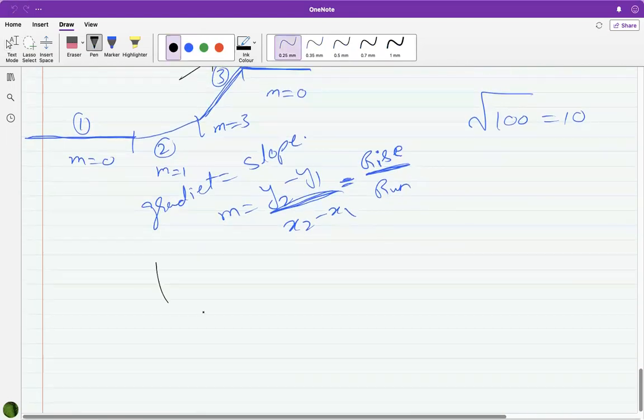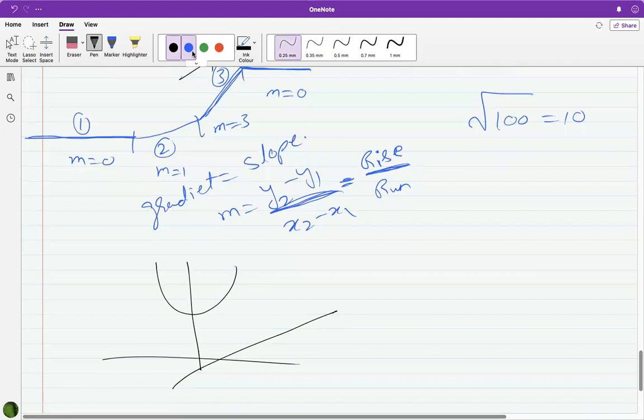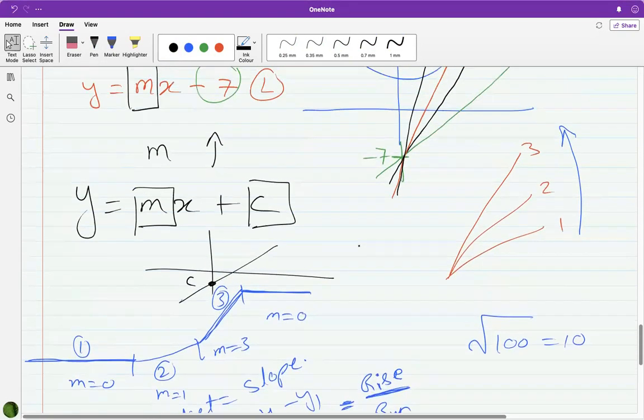It will either not touch the graph, one case. It will touch the graph at one point, second case. Increasing the gradient further may cut the graph at two different points. So it will depend on the statement of the question.